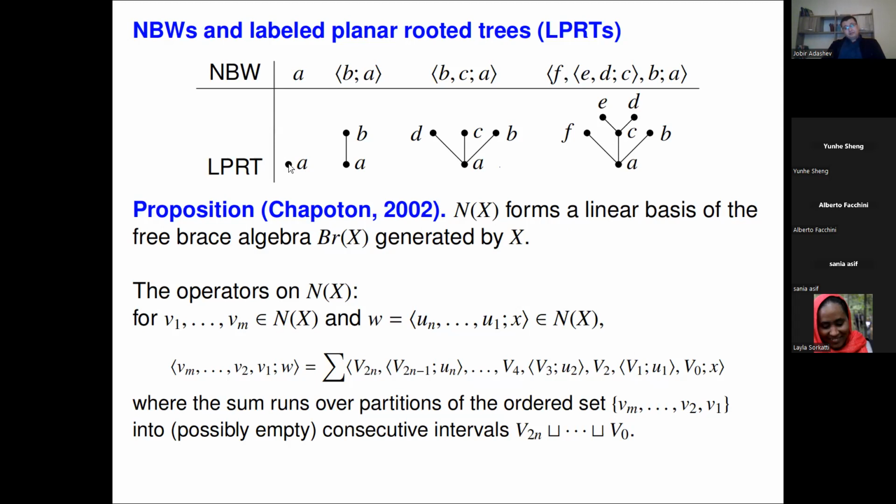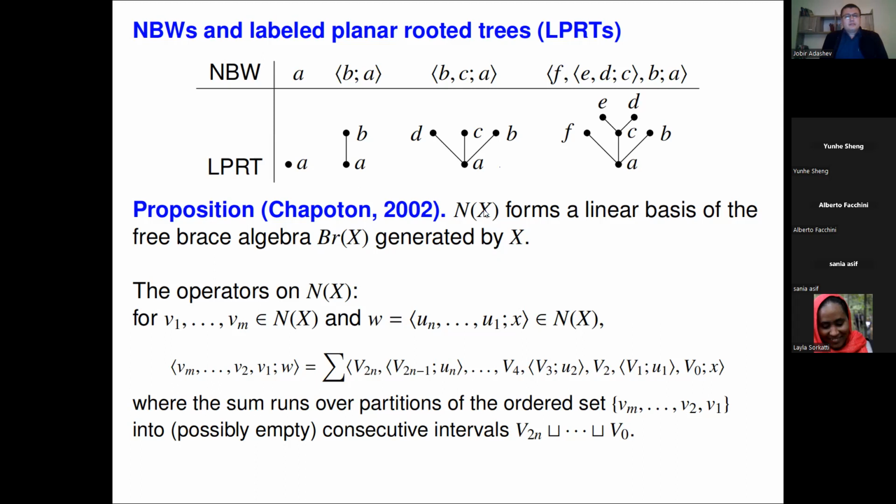Here the tree has only one vertex, no edge. For the word with a and b, we can use a tree with 2 vertices, labeled by a and b. a is at the bottom, so we call here a the special letter, corresponding to the root of the tree.